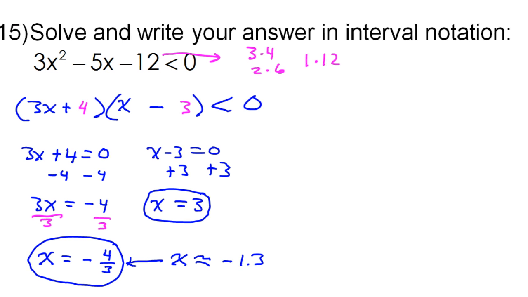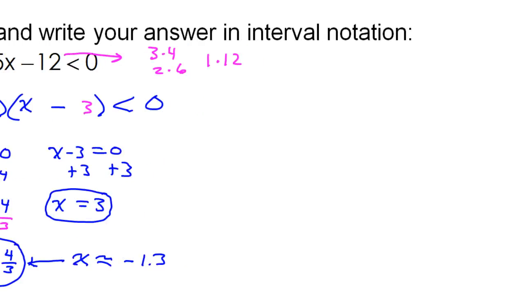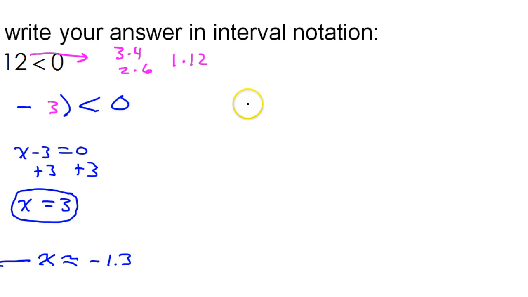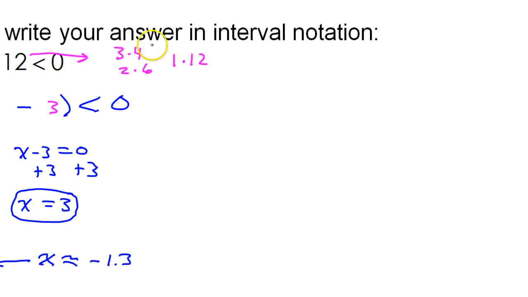So let's make a number line graph, starting off showing where the zeros are. If I do that, I have negative 1.3, or in other words, negative 4/3.